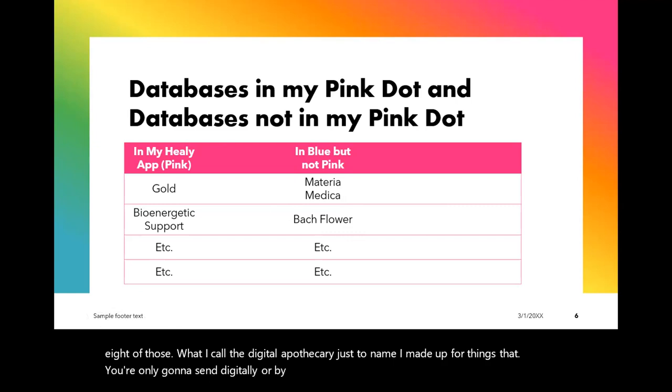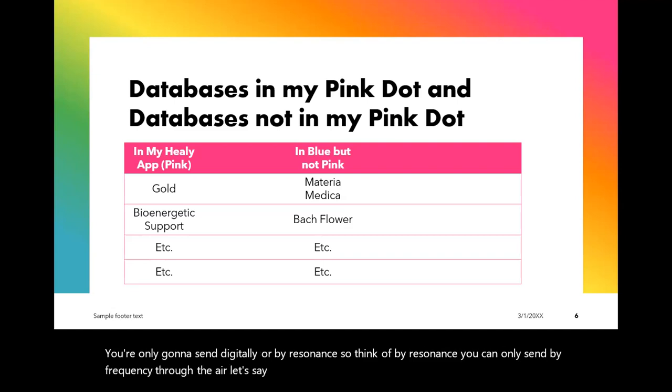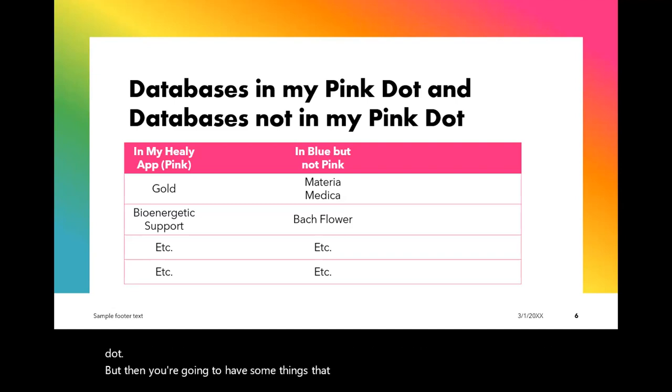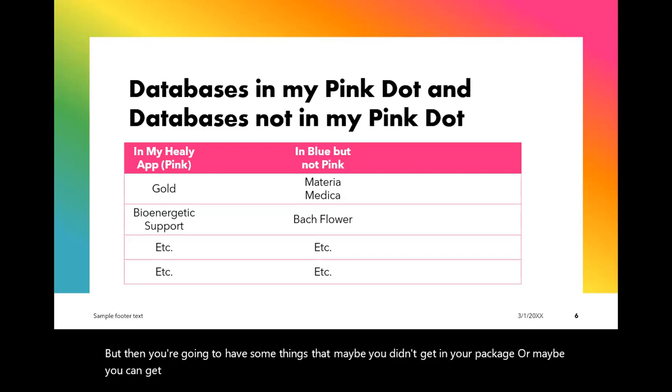So think of by resonance, you can only send by frequency through the air, let's say, not through the microcurrents like you can on the Pink Dot. But then you're going to have some things that maybe you didn't get in your package, or maybe you can get by subscription only and you didn't add that subscription.